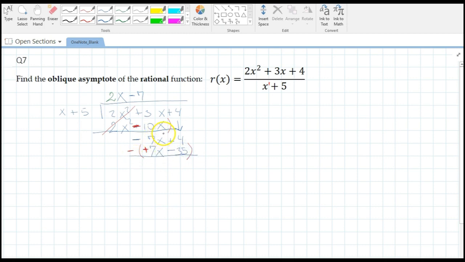The first term cancels. That's what I was looking for, so good. Different signs, subtract, get the sign of the largest number. That is going to give me 31. So my answer is going to be y equals 2x minus 7.